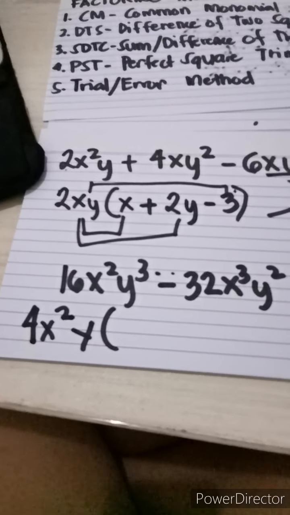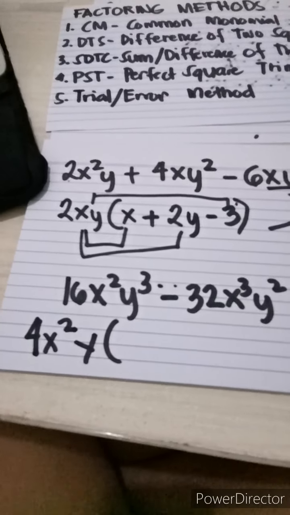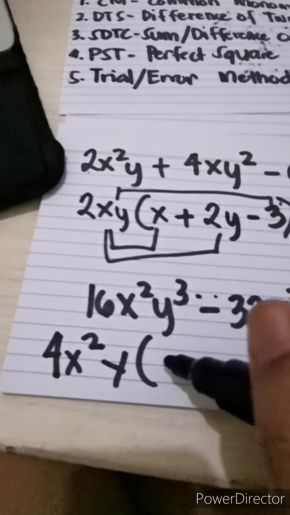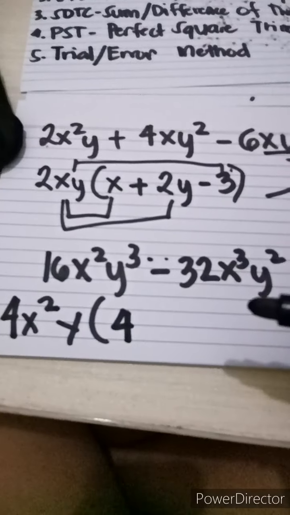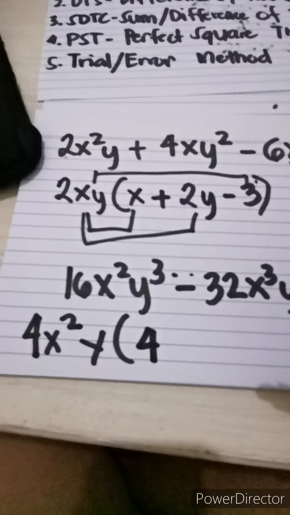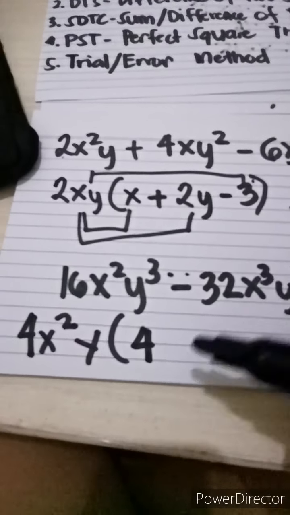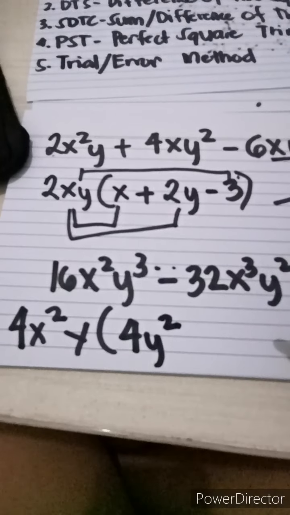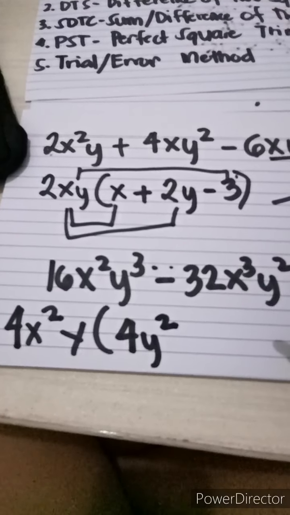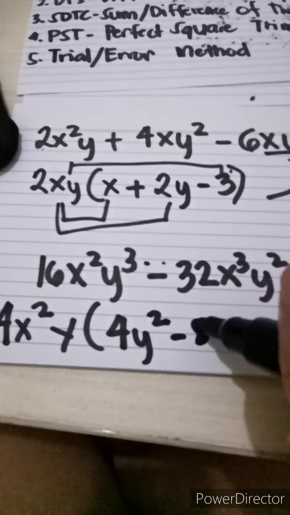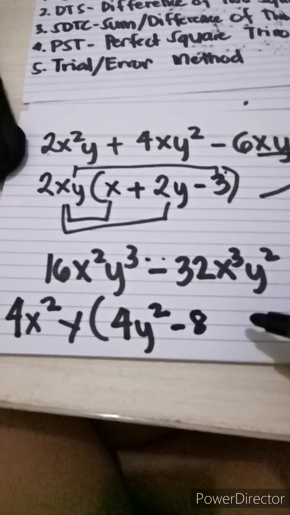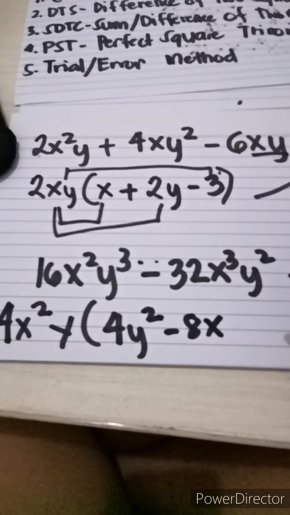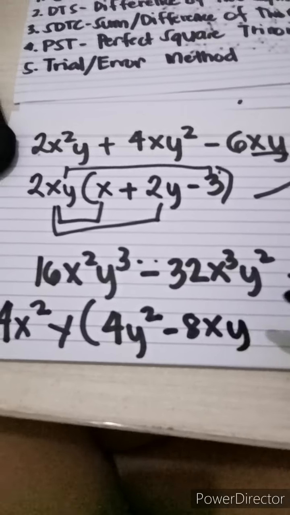So, 16x squared y cubed divided by 4x squared y. 16 divided by 4 is 4. X squared divided by x squared is equal to 1. And y cubed divided by y is y squared. Next, negative 32 divided by 4 is negative 8. Then, x cubed divided by x squared is x. Y squared divided by y is y.